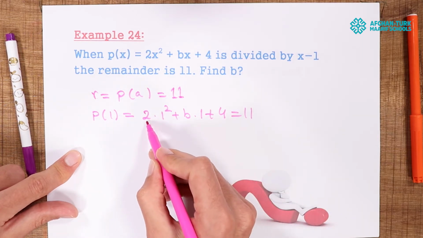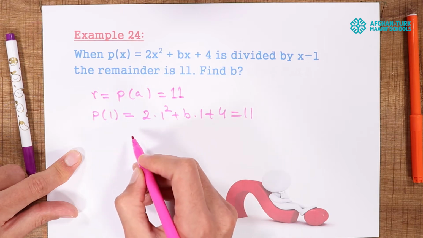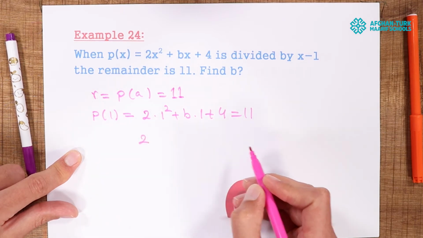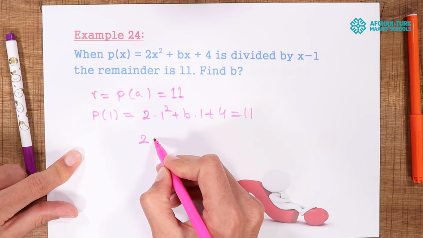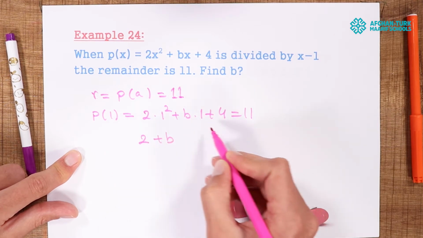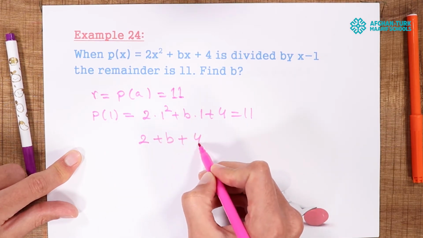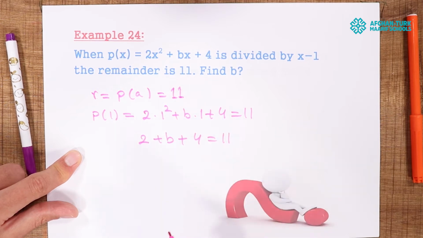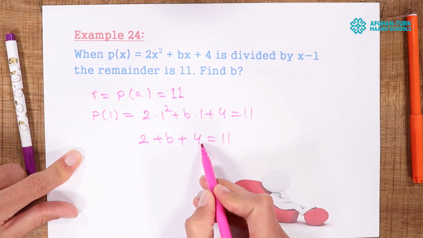From here you can see 2 times 1 squared is 2, b times 1 is b, plus 4 is equal to 11. From here 2 plus 4 is 6.